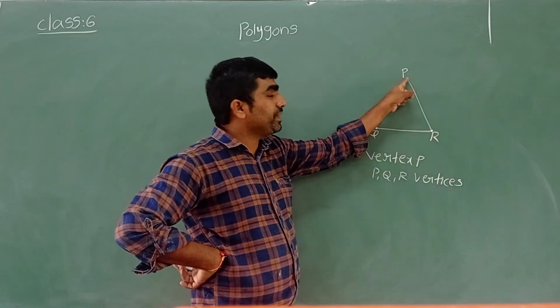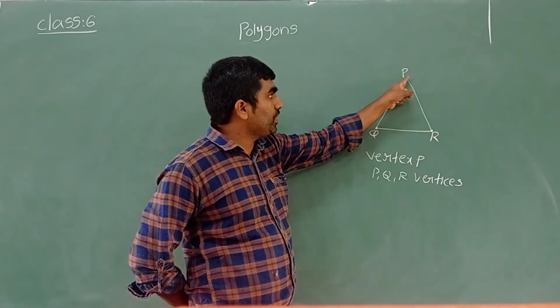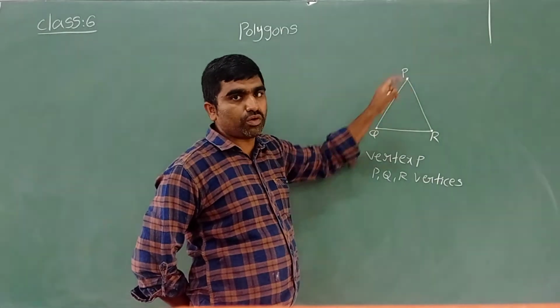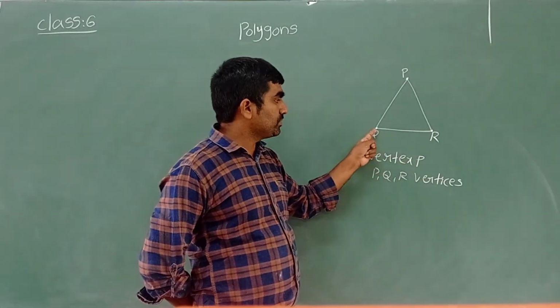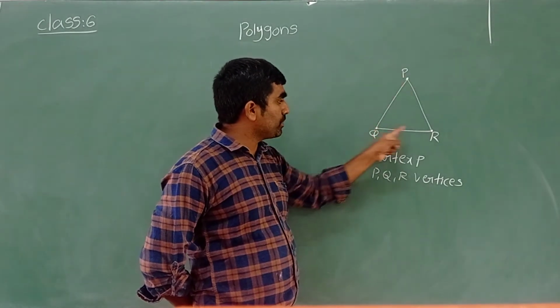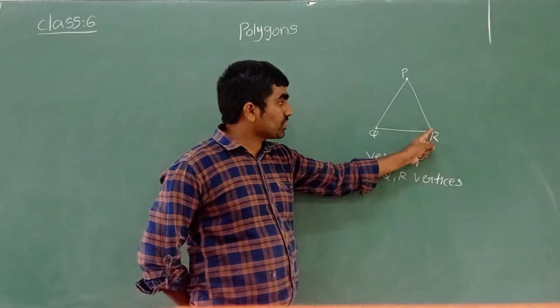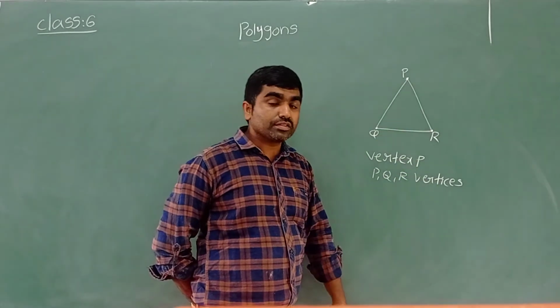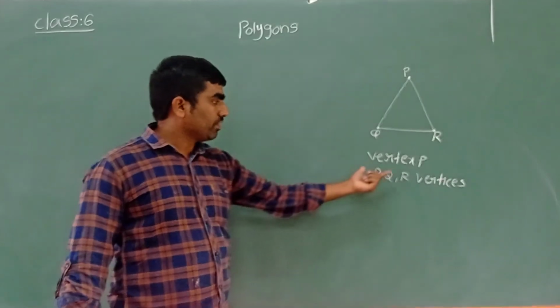In line segment PR, P is the endpoint. So P is the common endpoint of PQ and PR. This common endpoint is called a vertex. Same thing for Q also. Q is the common endpoint of line segments PQ and RQ. R is the common endpoint of line segments QR and PR.